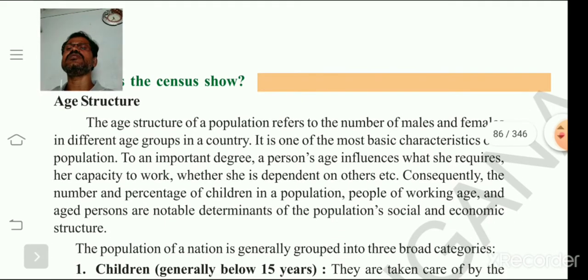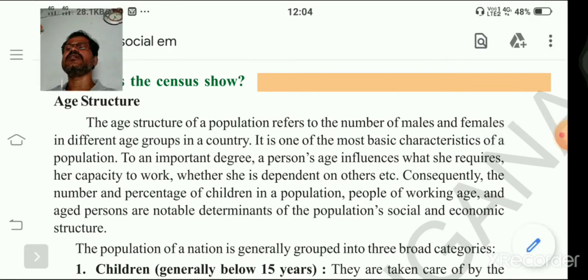Here we see that it is referring to the age structure. In a census we find people in different age groups, right? So a census shows the age structure of the people, especially males and females in different age groups, right?